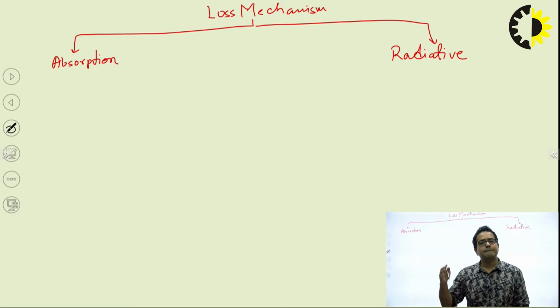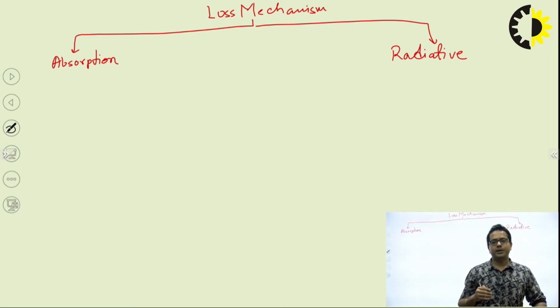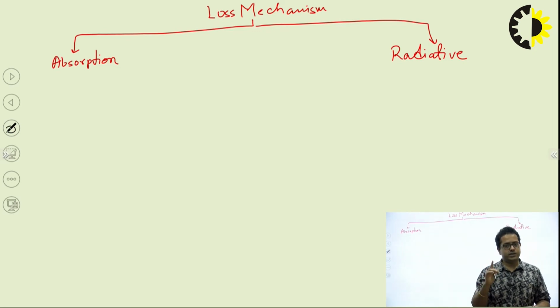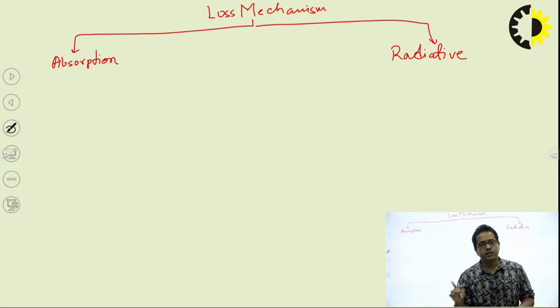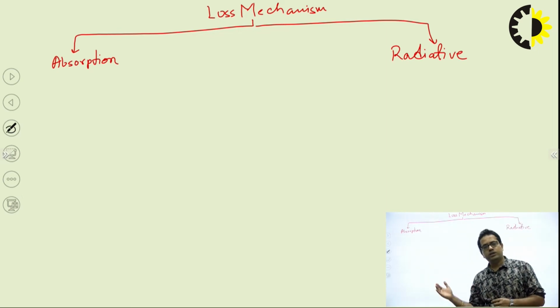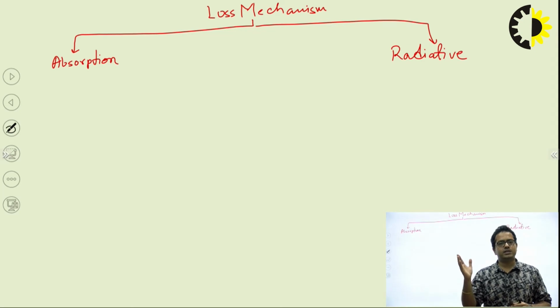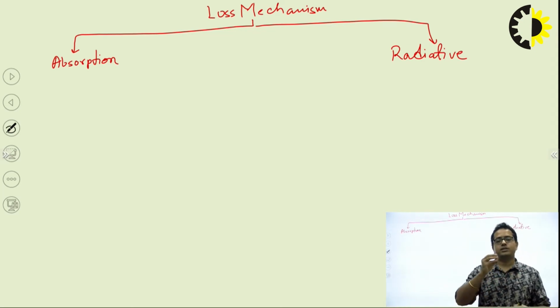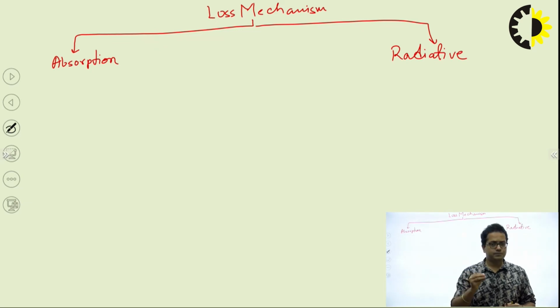It's something like this in the radiative loss. We know that whenever the optical ray or optical wave is striking at the core and clad interface, and it strikes at an angle which is greater than the critical angle, then total internal reflection will take place. On the other hand, if the incident angle of the optical signal at the core-clad interface is less than the critical angle, then what will happen?